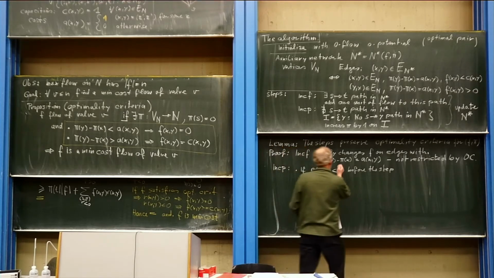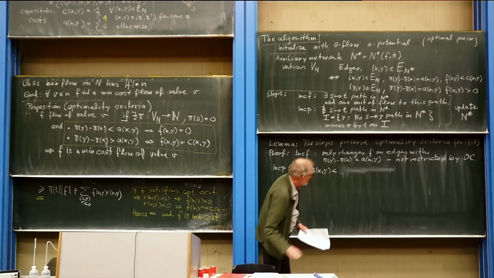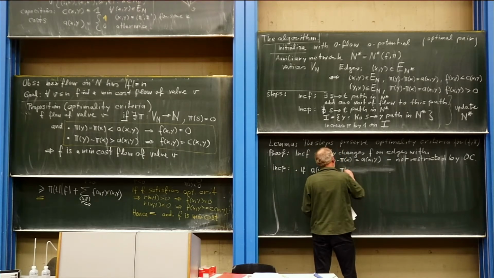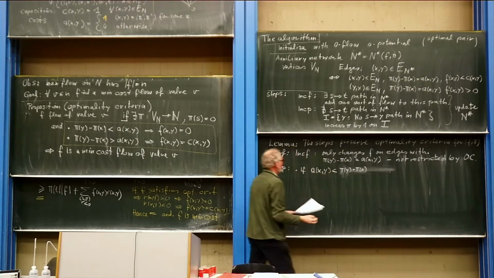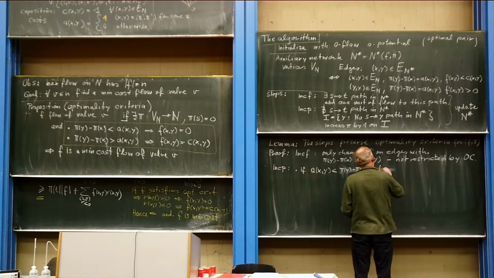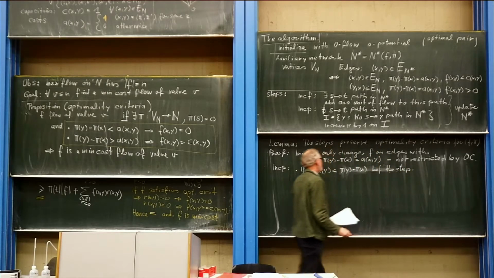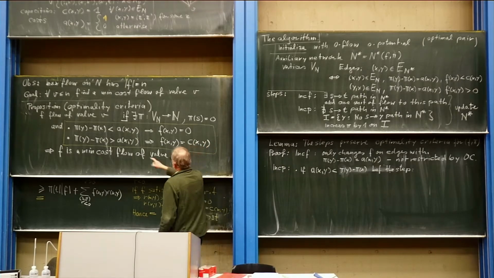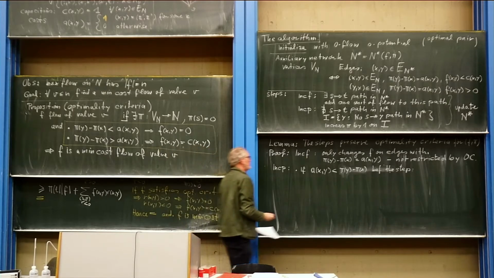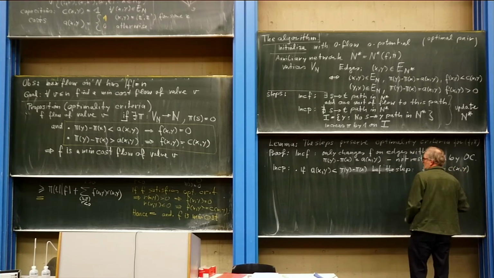I'm talking about pi y minus pi x. Now, by the optimality criteria, we are in this case, and we have f_xy equal to c_xy.